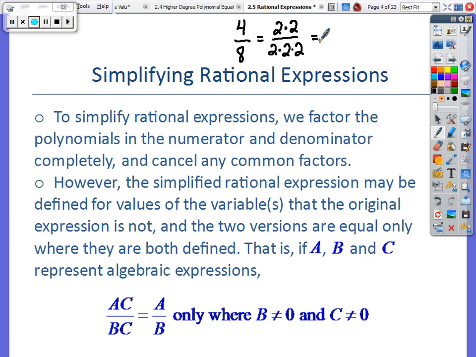Again, what we're doing here numerically is a factorization. Once we get to that point, now what we can do is look for common factors that we can remove from the top and bottom. They cancel each other out through division, and so we get that. And technically what we have left is a 1 up there, and then we have a 2 on the bottom, and that makes sense. 4 over 8 is the same thing as 1/2. We haven't changed this value. We've just simplified it. With polynomials, it's not going to be much different.